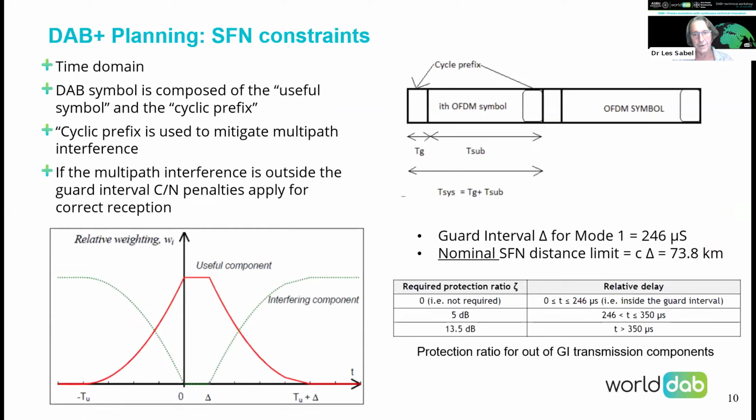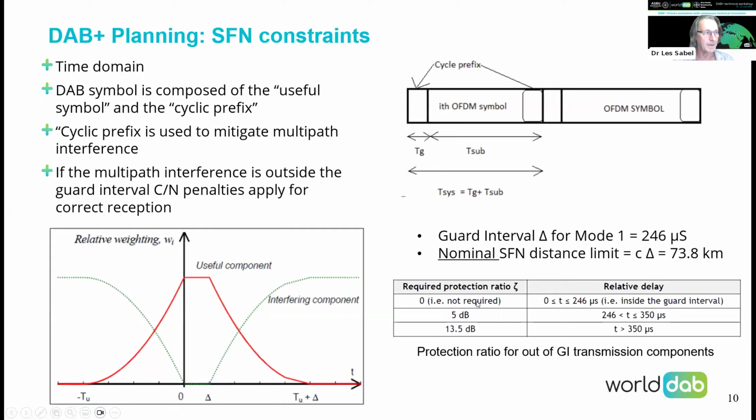If you look in 3391, you'll see this diagram, and what it says is it defines the useful component and the interfering areas. Generally, what I've found in the design is we don't worry about that 246 to 350 microseconds. If you're outside the 246 microsecond guard interval, you're classified as an interferer.